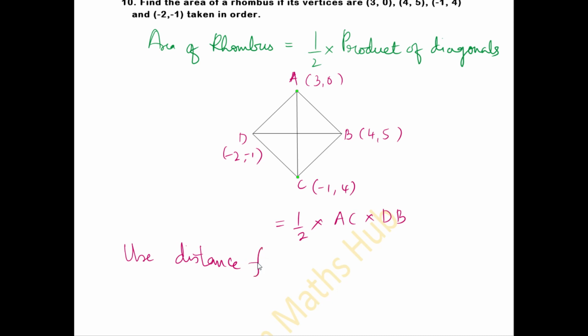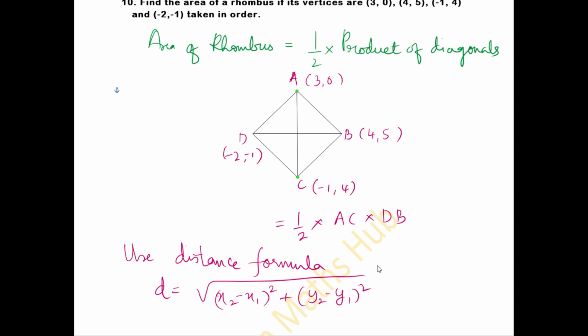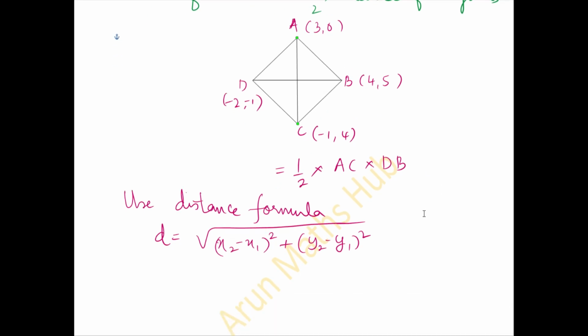To find out length, use distance formula, that is D equals square root of x2 minus x1 whole square plus y2 minus y1 whole square.